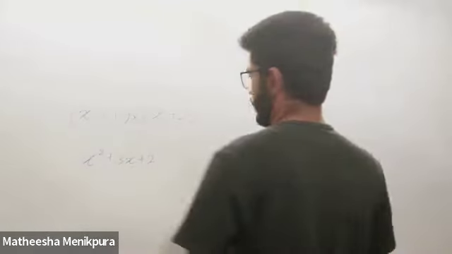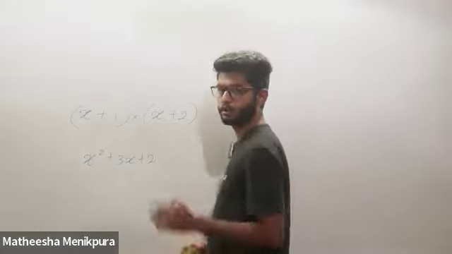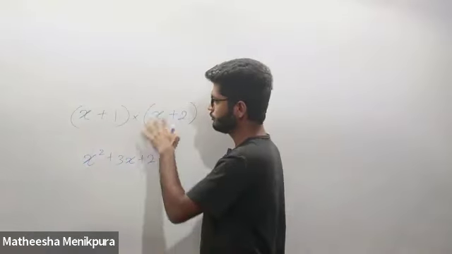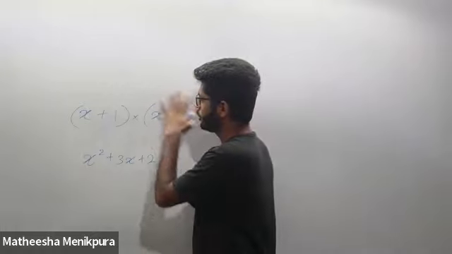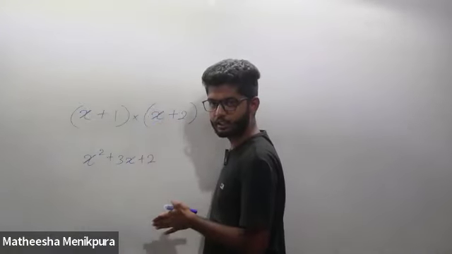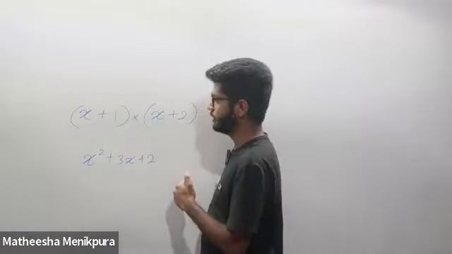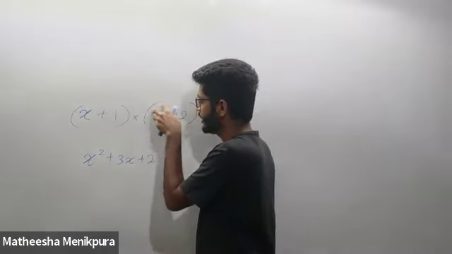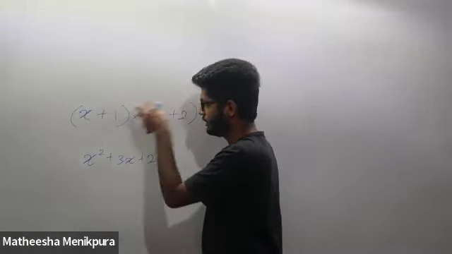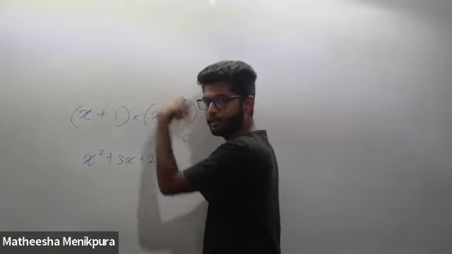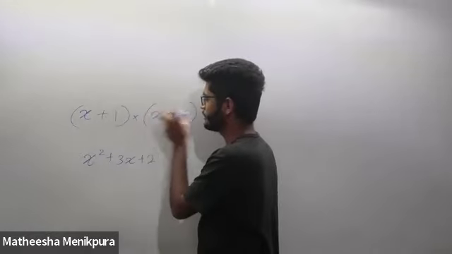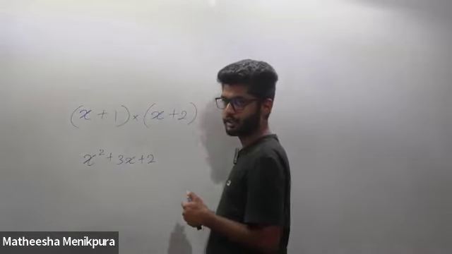Okay. Let's see. Now, when multiplying a binomial expression with an algebraic term or a monomial, we have to multiply each and every term inside the bracket with that term outside.